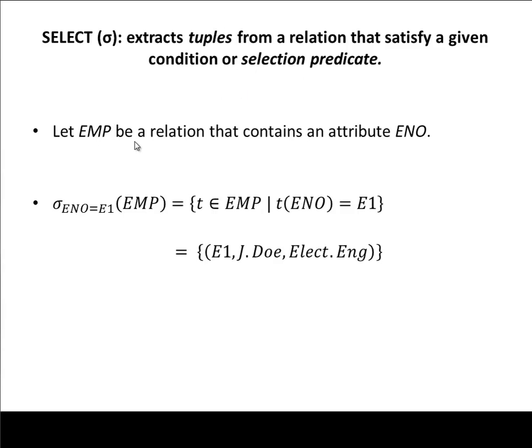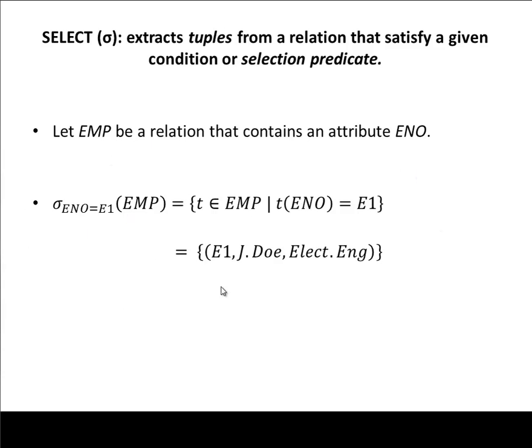So if we have EMP, which is a relation, a set of data, and we know that its first attribute is restricted by the domain described by ENO, we can create an expression that tells us what tuple we are requesting from the relation.